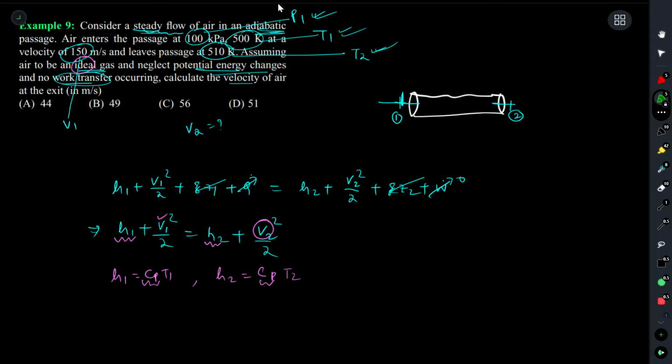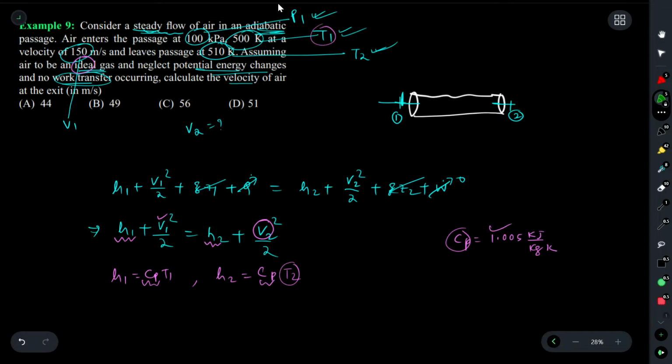So Cp for air is equal to 1.005 kilojoule per kg Kelvin. So I know the value of Cp and I know the value of T1. Similarly, I know the value of T2. So from here I will be able to find out the value of H1 and H2.